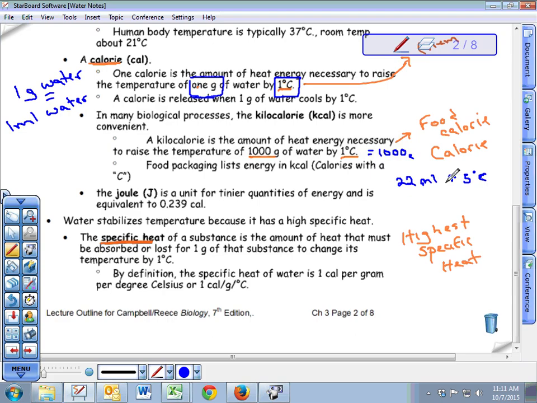So if you've got 22 milliliters that I increase by 5 degrees, that's 110 calories. 22 times 5. So it takes 22 to increase it 1 degree, and to increase it 5 degrees, you take 22 times 5, and that's how you figure out how many calories it is.